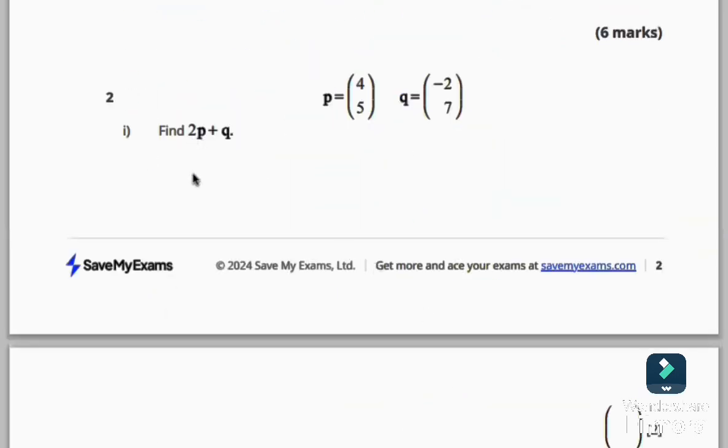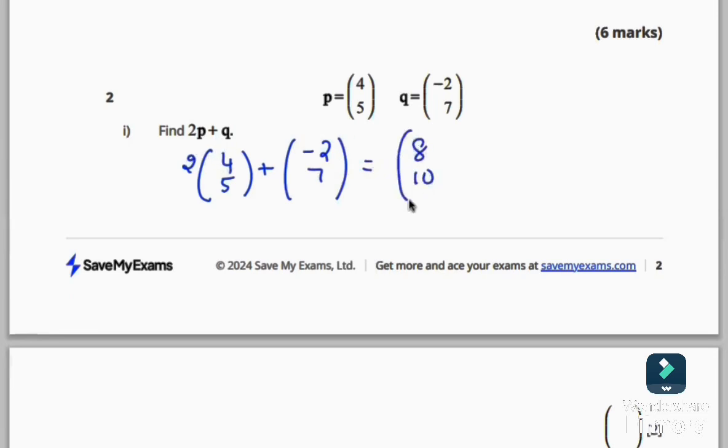Question number 2. It's a scalar multiplication of the column vector P by 2, with the vector Q, which is (-2, 7). So 2 times (4, 5): 2 fours are 8, 2 fives are 10, and you are adding it with (-2, 7), which will give you (6, 17).